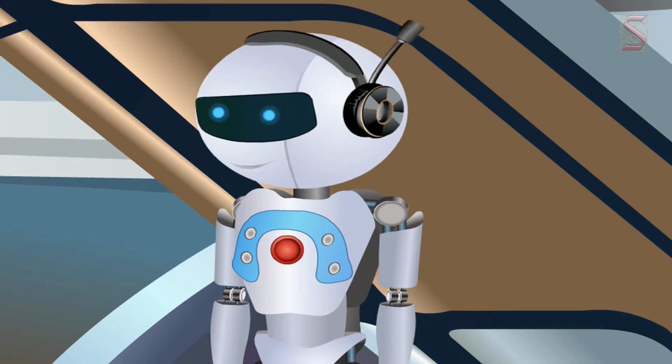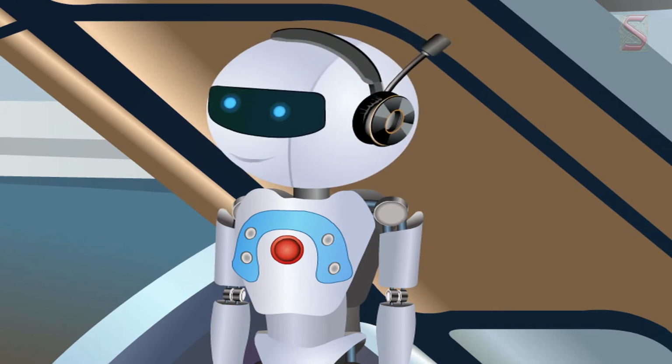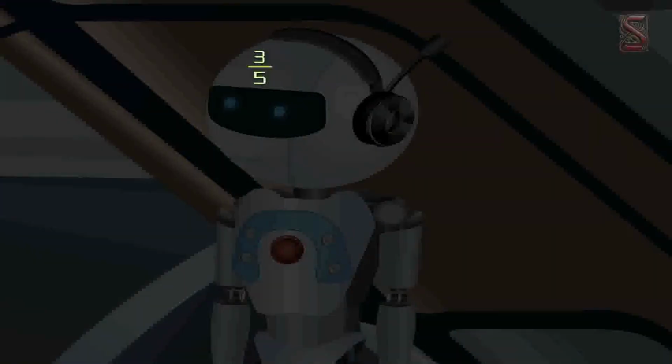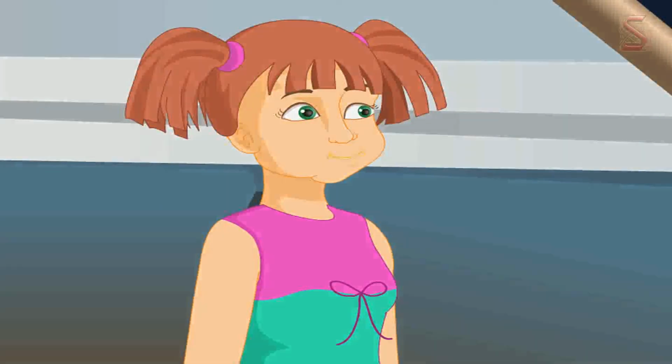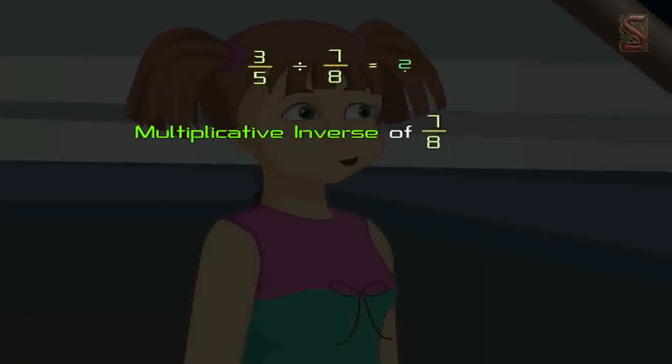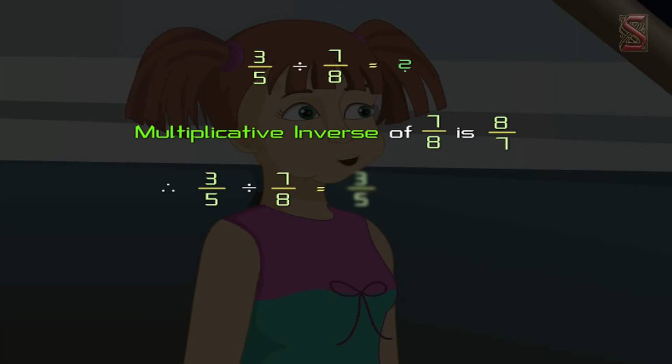Here are some other examples on division between two fractions. What is 3 by 5 divided by 7 by 8? The multiplicative inverse of 7 over 8 is 8 by 7. Therefore, 3 by 5 divided by 7 by 8 is equal to 3 by 5 multiplied by 8 by 7, which is equal to 24 by 35.